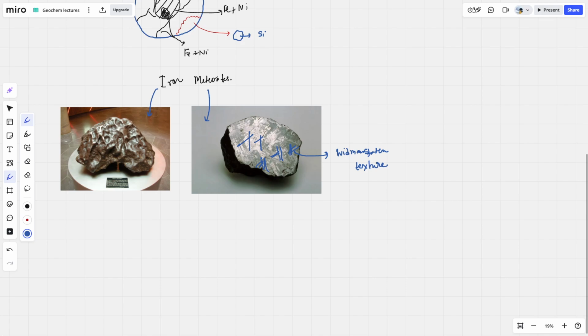Okay, this is called Widmanstatten texture. I will just check the spelling once. This is the definition of a Widmanstatten texture.